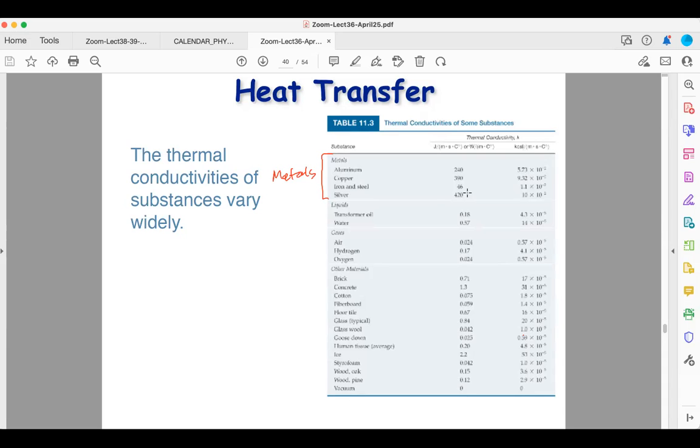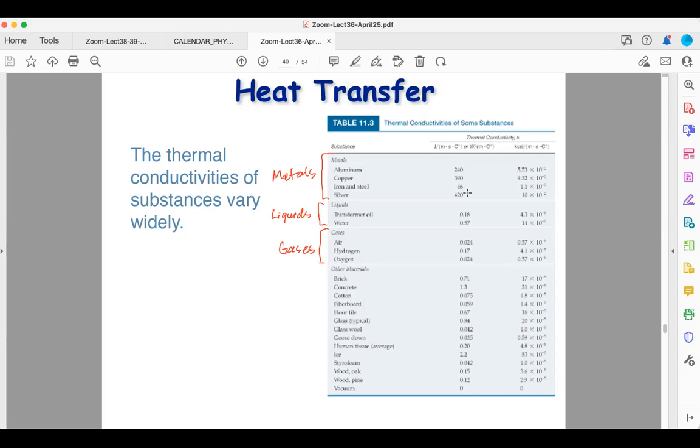Indeed, we saw before in the example of the kettle with water how little heat was necessary to heat the kettle, compared to the water, which needed much more heat. So aluminum is a good conductor while water is not that good. Then we have gases, which are even worse conductors.